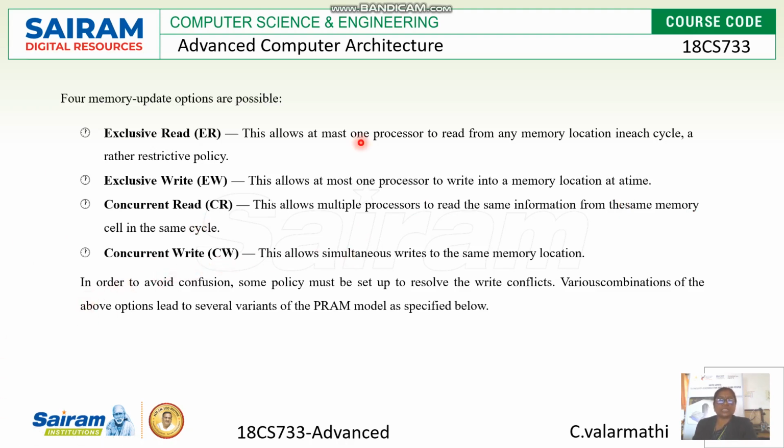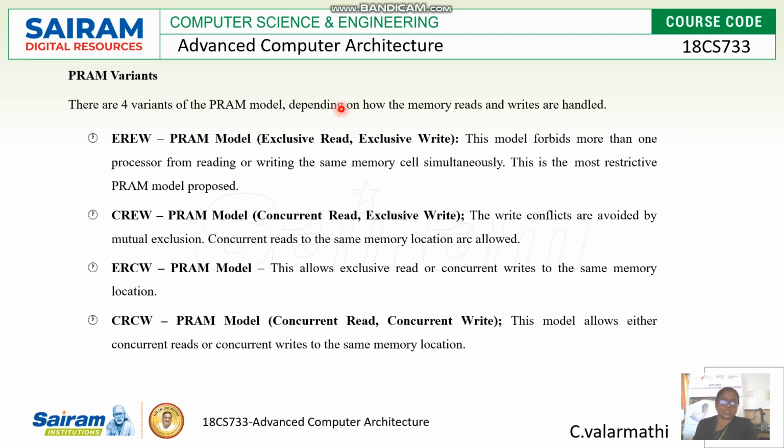Concurrent write also allows simultaneous writes to the same memory location. Likewise, there are 4 different memory update options available in PRAM memory. According to these memory update options, the PRAM memory is divided into 4 different types, called the 4 variants of the PRAM model.